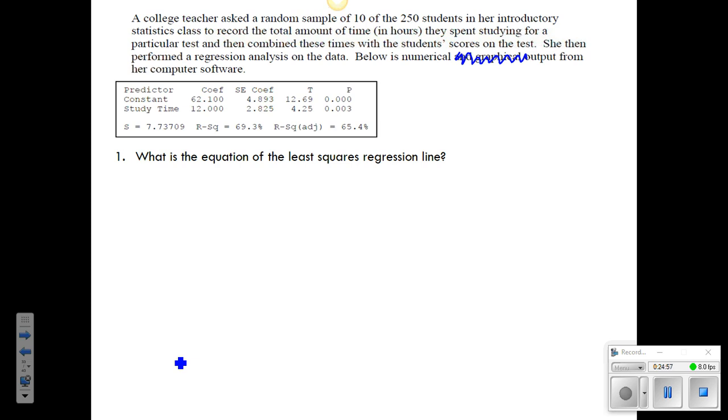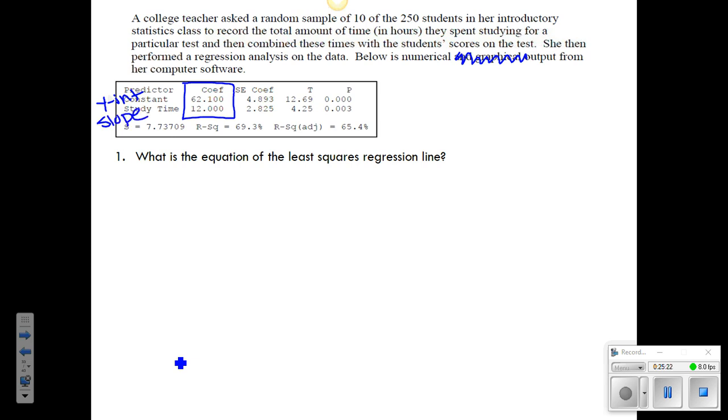Can you write the least squares regression line for this scenario? Where am I looking to find out where this least squares regression line is? Under the coef column, I guess. All right, do you guys see where it says constant? This is generally going to be the y-intercept piece, and the other one's going to be the slope.